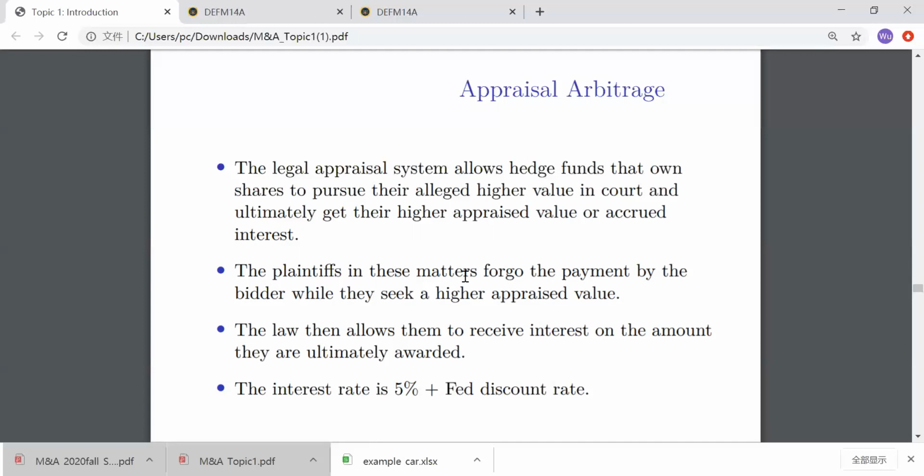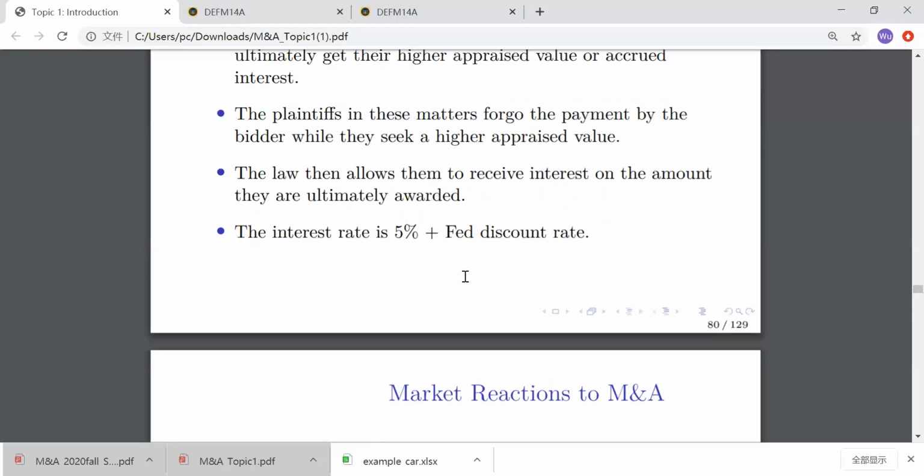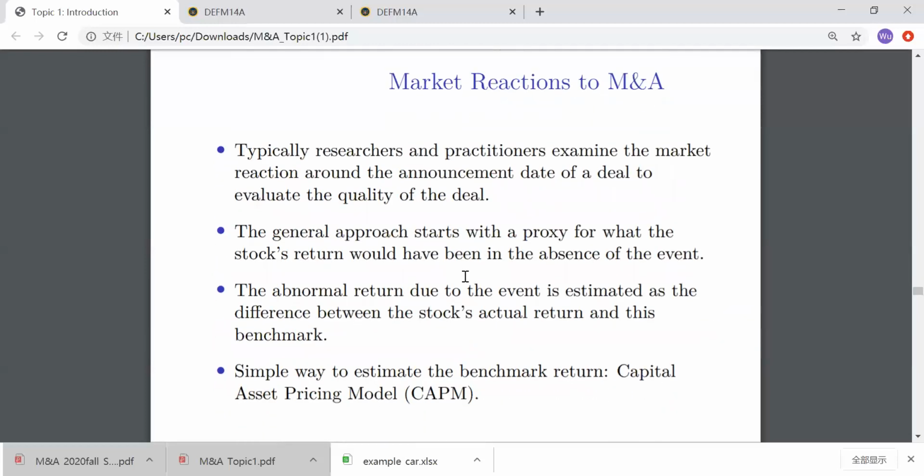The interest rate now is like 5% plus the federal discount rate. So imagine you have like 1 million holdings in a public company, and then you earn 5% plus the federal discount rate. Typically, altogether, it will be like 7 to 8%. That's a pretty handsome, riskless return if you are a hedge fund and pursue this appraisal arbitrage strategy.